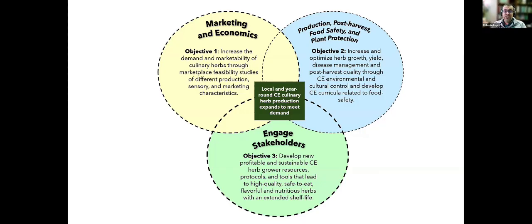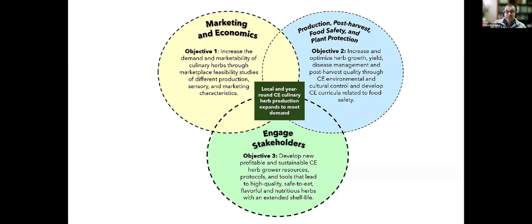In objective 2, which is our largest objective, we are looking at production inputs when it comes to environmental control. We're also looking at disease management and post-harvest physiology, because as I'll show you later on in the presentation, there are several culinary herbs that definitely tend to have issues in terms of post-harvest shelf life, especially if they're exposed to temperatures below 50 degrees Fahrenheit.